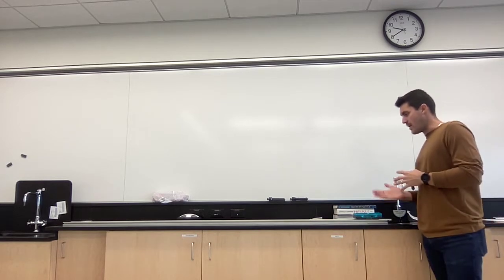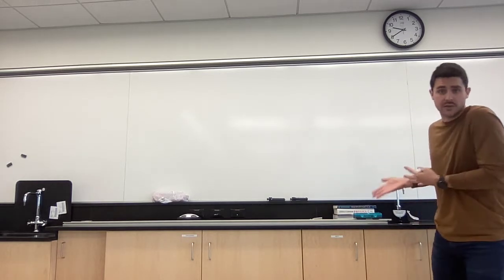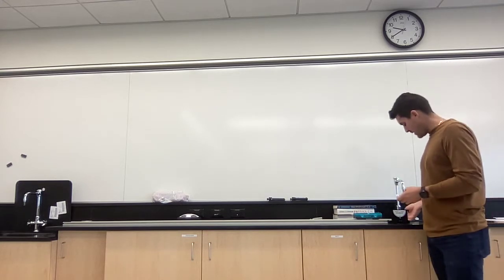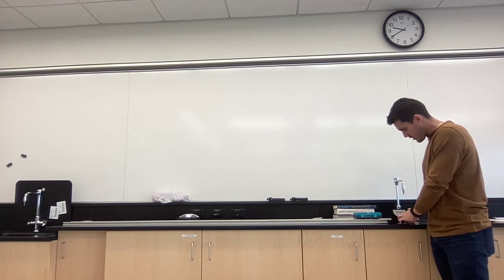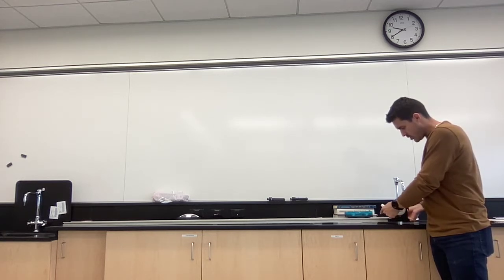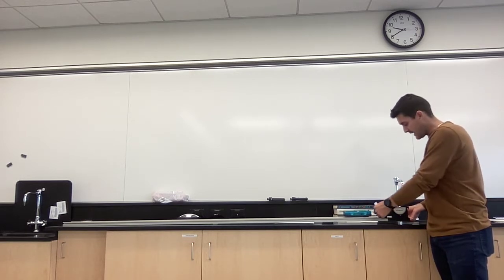So here we go. I'm going to raise this thing to a certain angle and determine what angle this thing will slide at a constant velocity. So right now, my angle indicator is reading 0, and I am going to slowly start to raise this car up, gently nudging the back of this car to see if it will slide at a constant velocity.